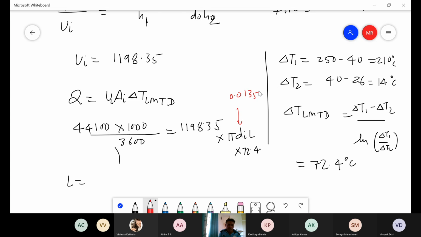So we can calculate this as 44100 into 1000 divided by 3600, divided by 1198.35 into 3.14 into 0.0135 into 72.4.